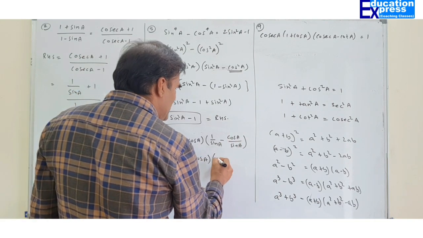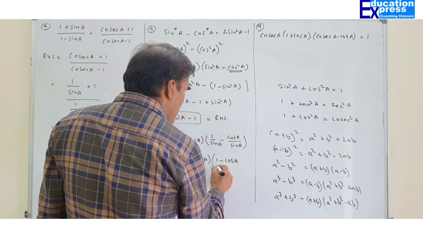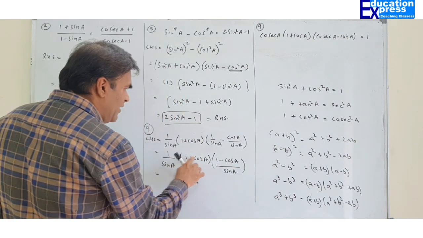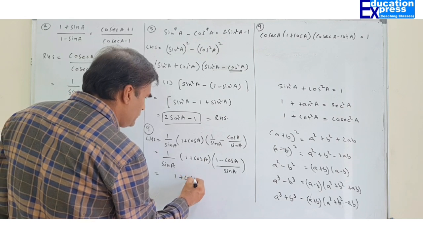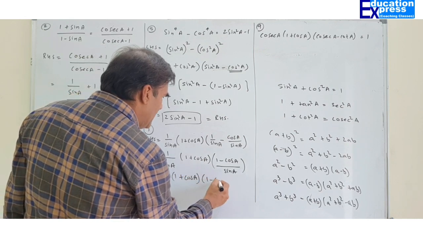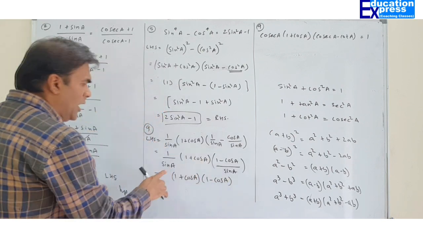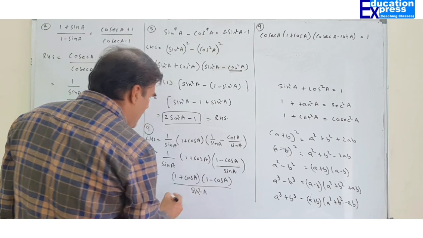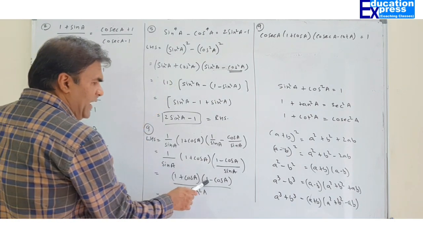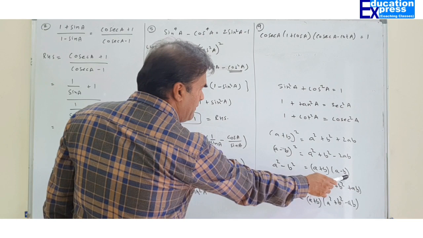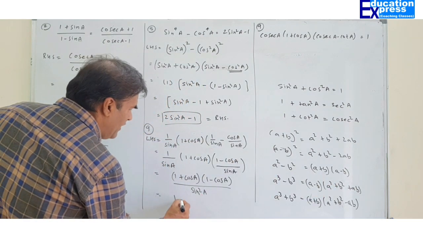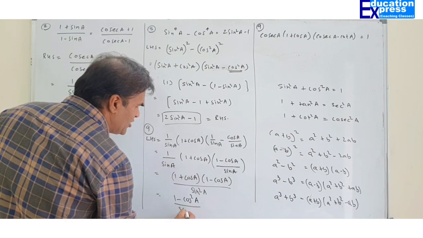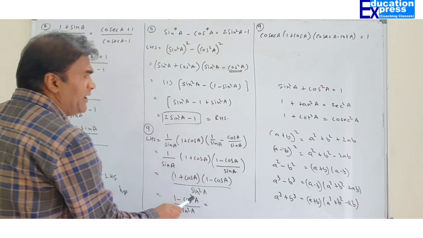Here we can take the LCM, 1 minus cos A upon sine A. Now when we have to multiply this, it will result in 1 plus cos A, 1 minus cos A upon sine A into sine A, that will result in sine square A. My dear friend, A plus B, A minus B will result in 1 minus cos square A upon sine square A. What is 1 minus cos square A?